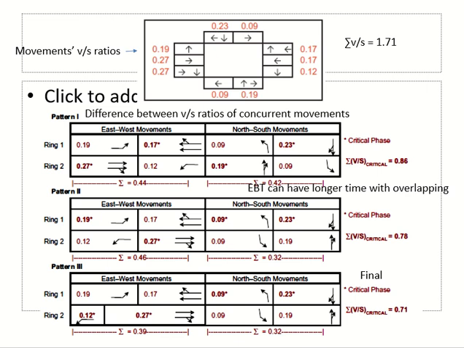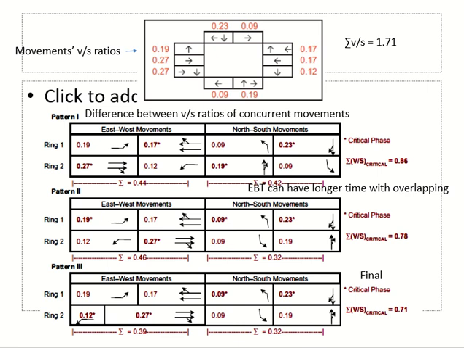The next thing you can do is try to combine the movements which have similar V by S ratios. Look at the movements which have similar V by S ratios and put them in the same phase, even if they are from different directions, provided that they are not conflicting.